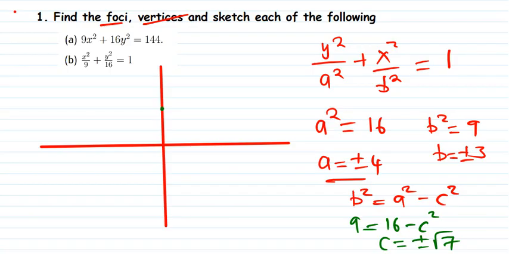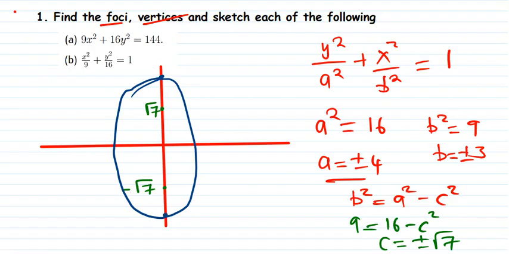So of course root of 7 and negative root of 7, and then the bigger values are 4 and negative 4. So something like this. Don't mind my drawing, it's kind of difficult to draw on the laptop. Okay, something like that though. Okay, so that's 4, this is negative 4.